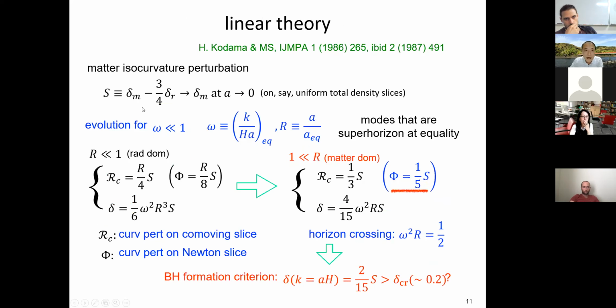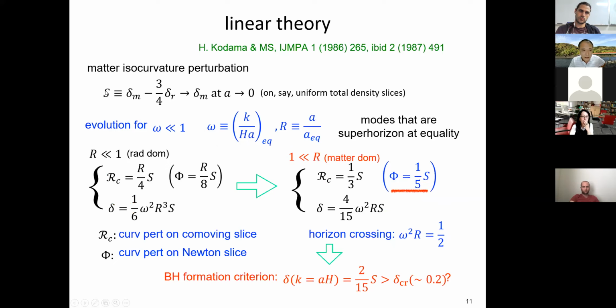Now, in the linear theory, the isocurvature perturbation behavior has been studied a long time ago. This is our paper, but of course there are probably many other papers discussing this evolution.